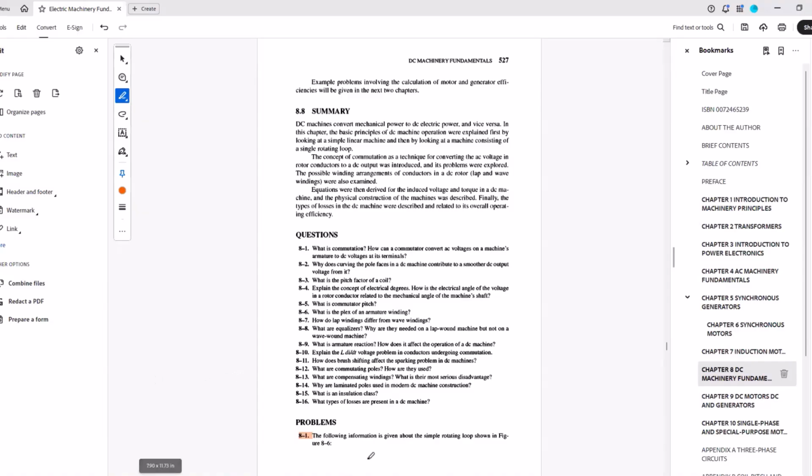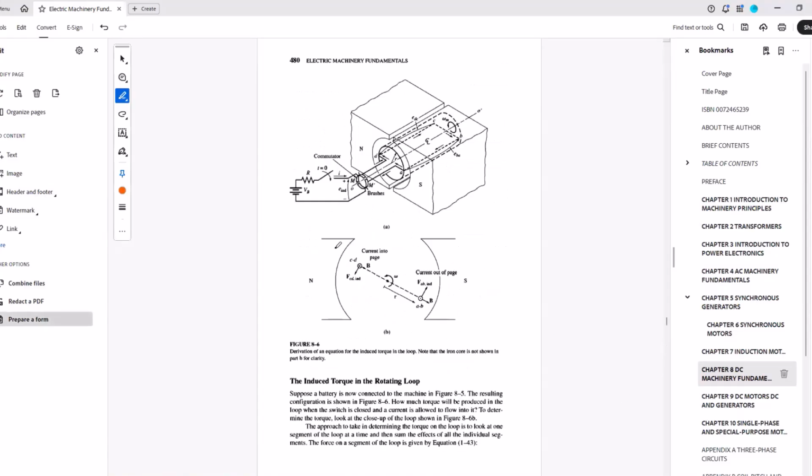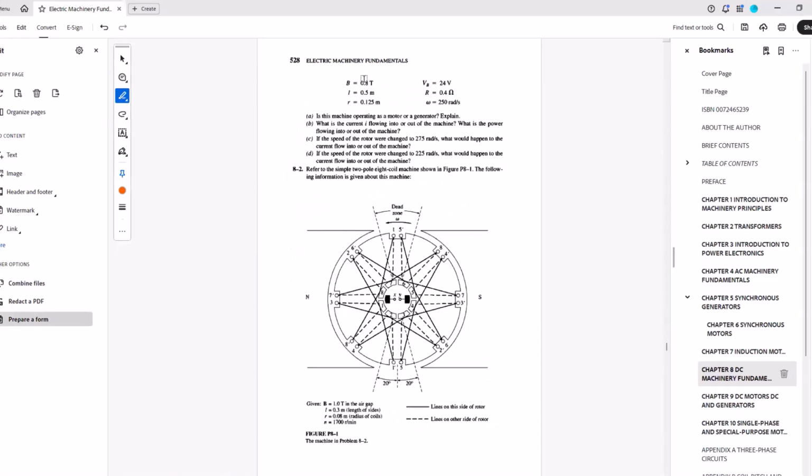The following information is given about the simple rotating loop shown in figure 8.6. Figure 8.6 is the same famous figure that you also have in your presentation slides. That's the conductor loop. So B is 0.8 Tesla. That's the flux density, right? L is the length of each side of the conductors, 0.5. R is 0.125. What is that?